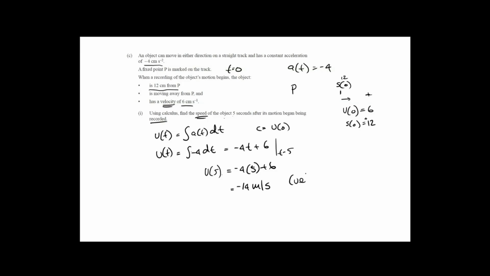That's the velocity, so in other words, it's going in that direction. But the speed is just 14 meters per second. The velocity depends on the direction. The speed doesn't. It's just how fast something is moving. Bad question. Okay. Anyway, let's move on.